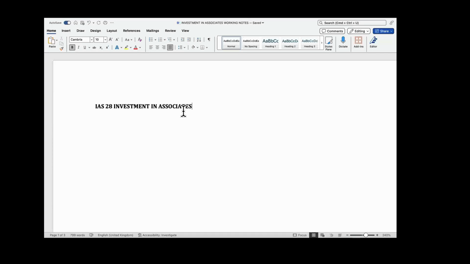Today, we are going to be moving a little forward so that we can make progress. We're going to be looking at investment in associates.